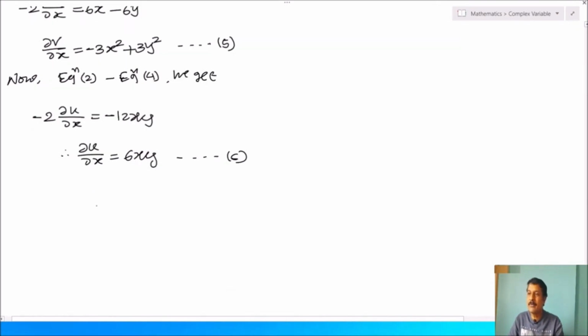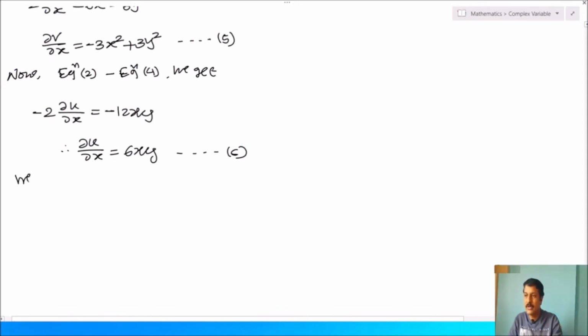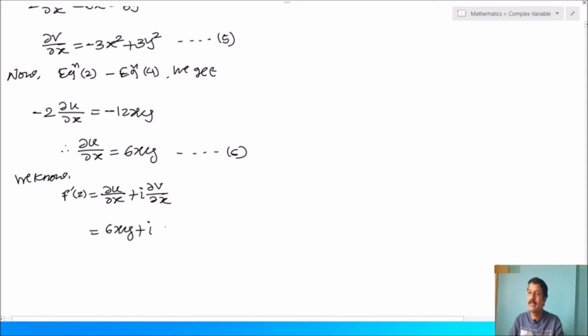Now we have the value of ∂v/∂x and ∂u/∂x. So therefore, we know f'(z) equal to ∂u/∂x plus i ∂v/∂x. Both values we have. What is ∂u/∂x? It is 6xy plus i. What is ∂v/∂x? It is minus 3x² plus 3y².